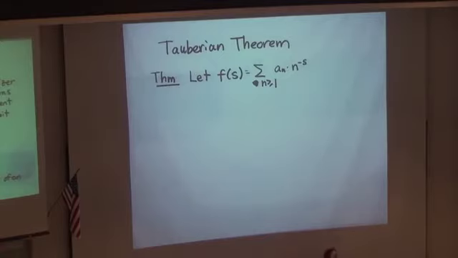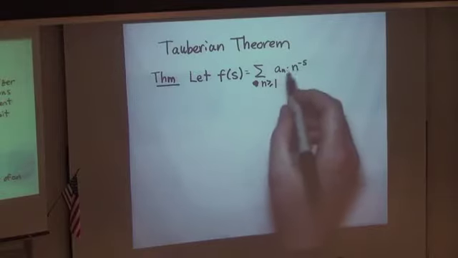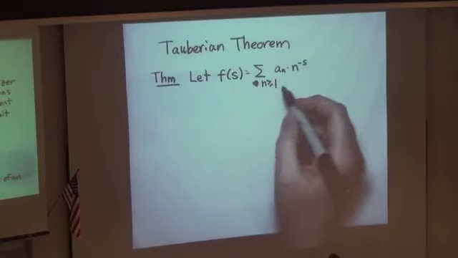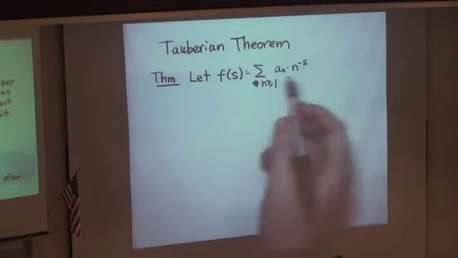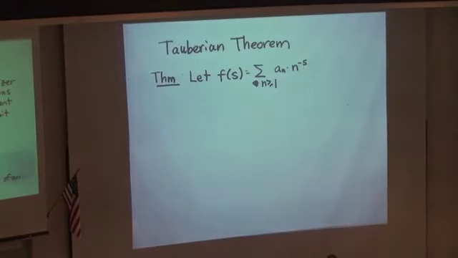I'd like to know how those a_n's grow. And I put them all together into this gadget, which at first you could even think of as just a formal kind of power series, F of s. So it's just a sort of generating function. I put each of the a_n's with n to the minus s.